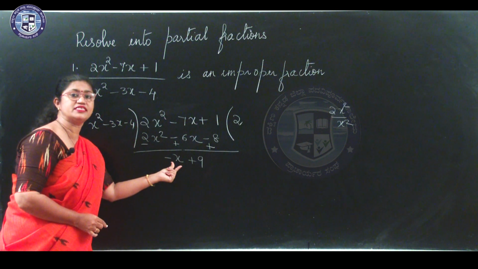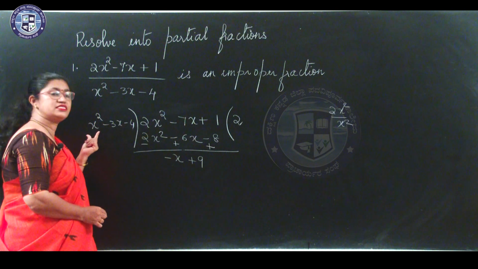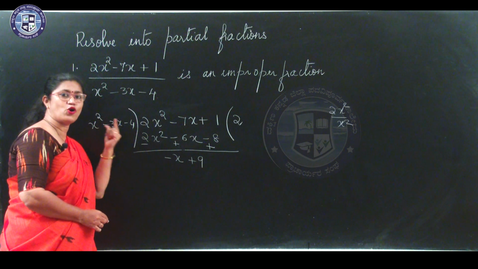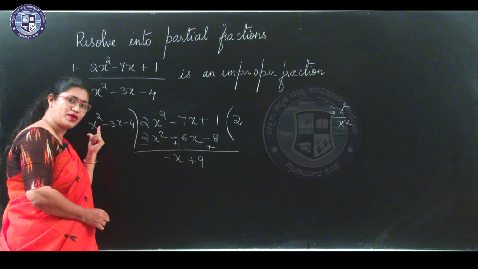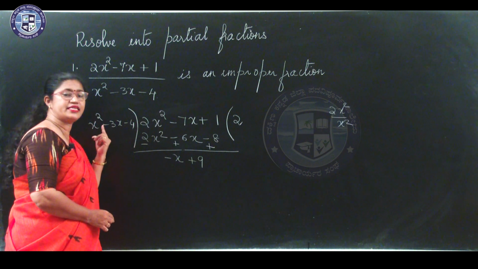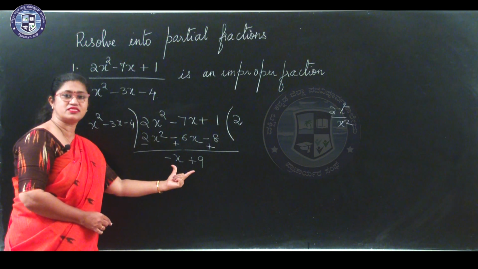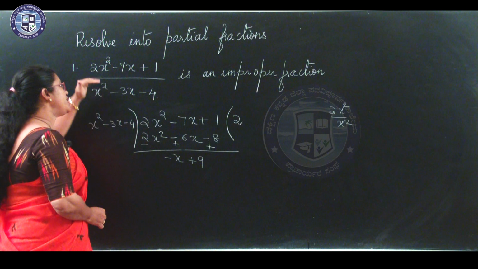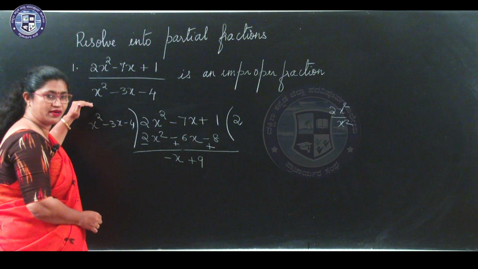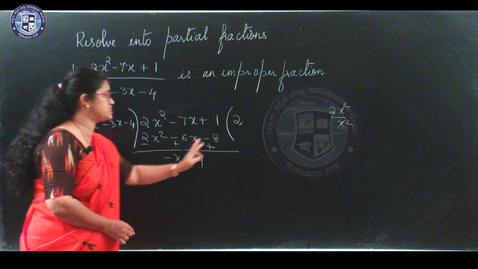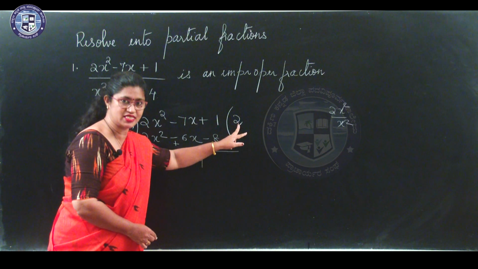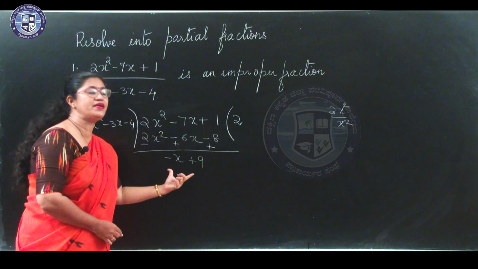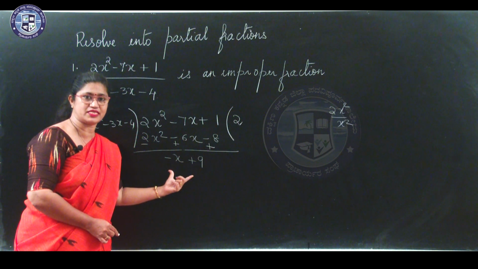Look at the term here, this is x and this is x square. x is already less than x square in terms of degree, and that means this becomes the remainder. So when I divide this fraction, the quotient or the answer is 2 and the remainder is minus x plus 9.